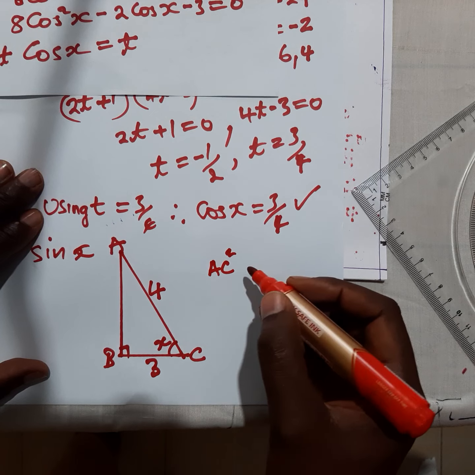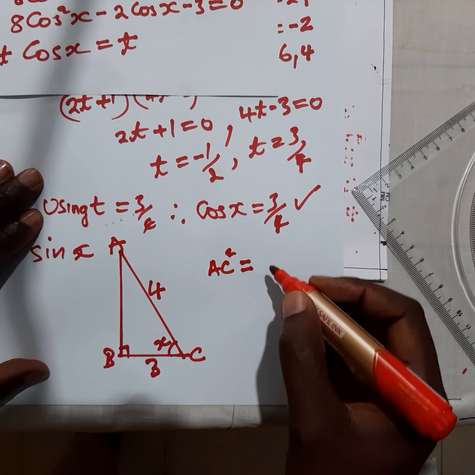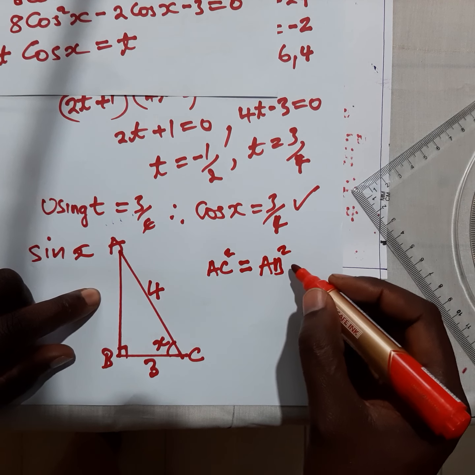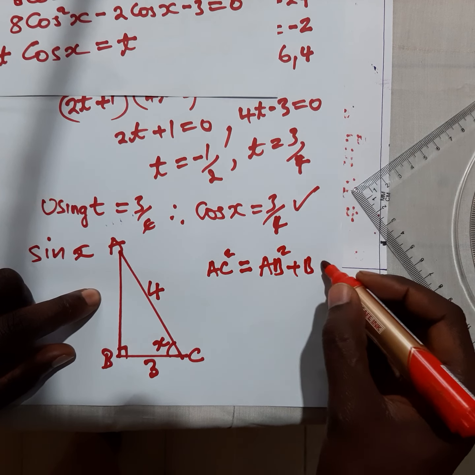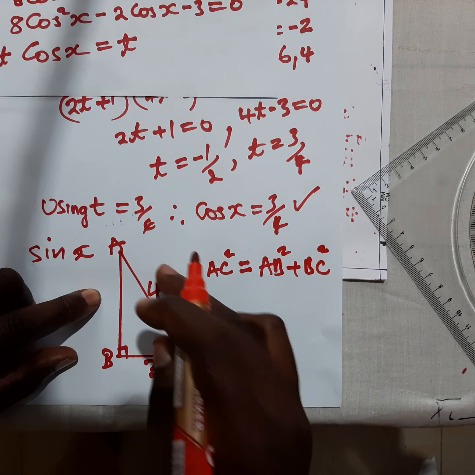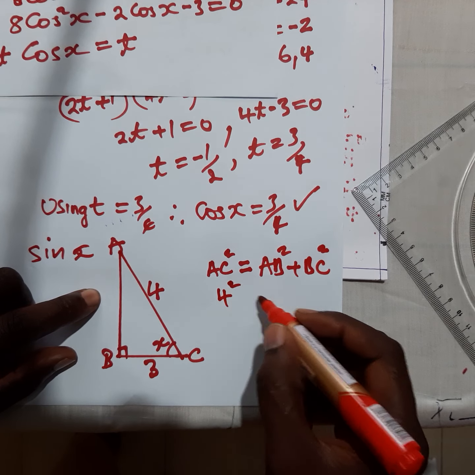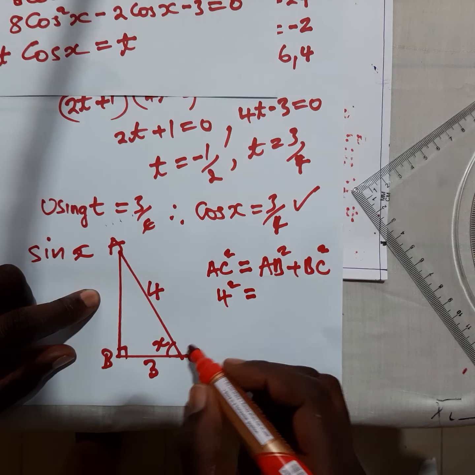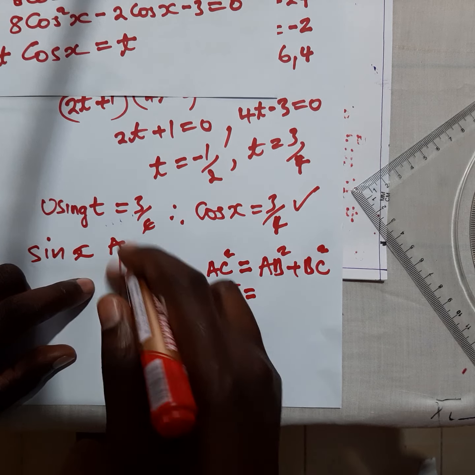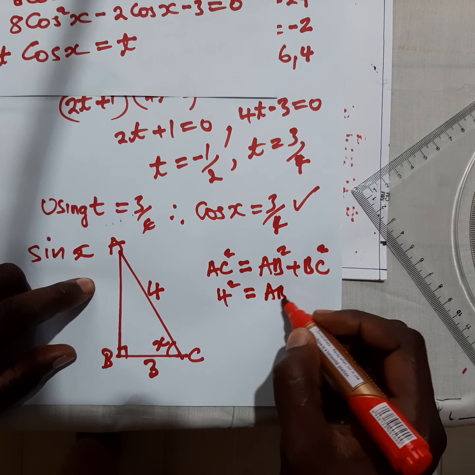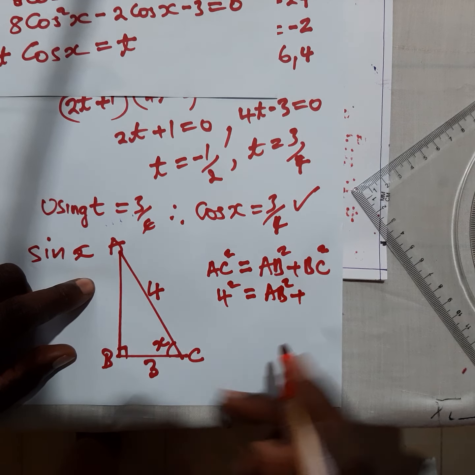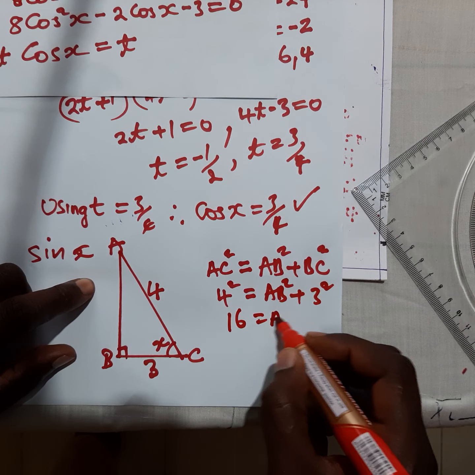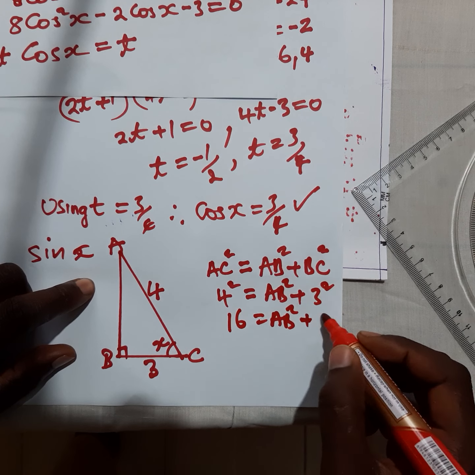We know AC squared should be equal to AB squared plus BC squared, and AC is the hypotenuse. So 4 squared equals AB squared plus 3 squared, so 16 equals AB squared plus 9.